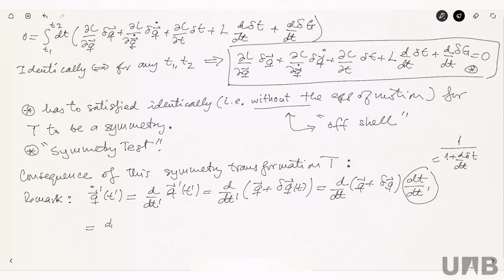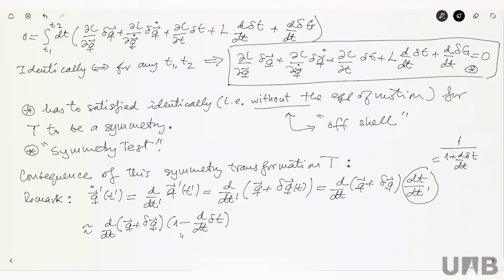So this is going to be derivative with respect to T of Q plus delta Q. And now this guy is 1 minus derivative with respect to T of delta T, okay? Plus dot, dot, dots, but I forget about the dot, dot, dots. So if you wish, I can approximate this thing like this, plus higher order, okay?